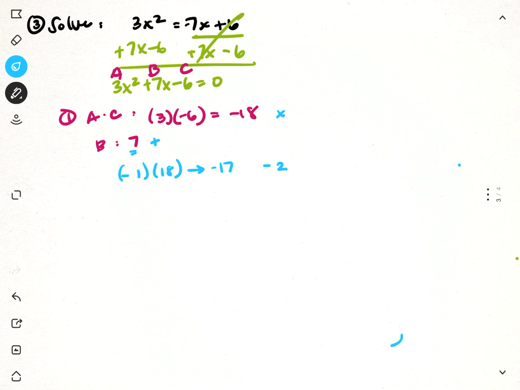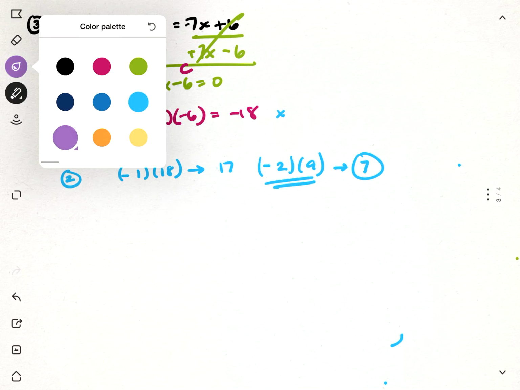Negative 2 times 9 is negative 18, and negative 2 plus 9 is 7. That's the one we want. So we're looking at negative 2 and 9 for step 2.